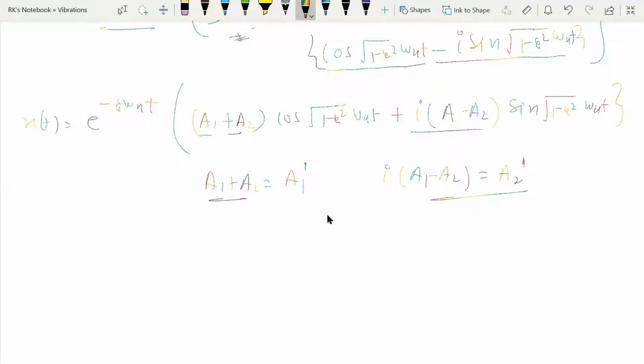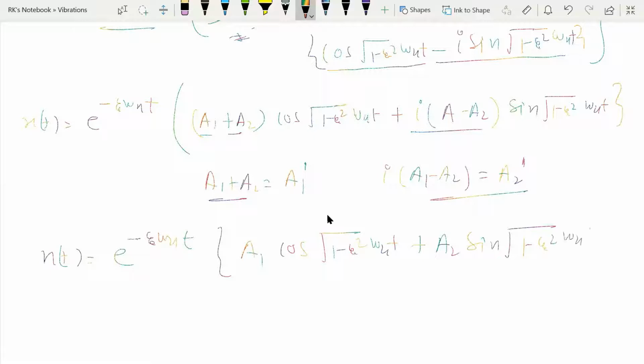So this equation can be written as e raised to power minus zeta omega n t, and this is A1 cos of square root of 1 minus zeta square omega n t plus A2 sin of square root of 1 minus zeta square omega n t, right?